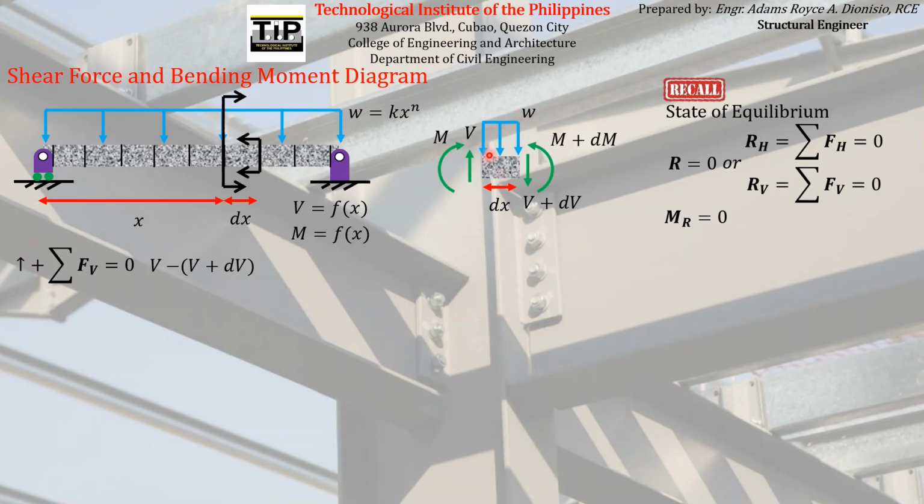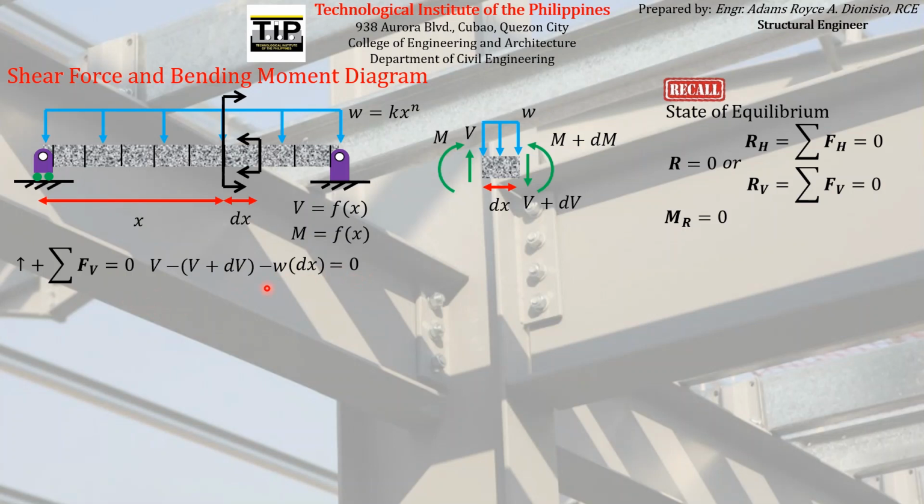The resultant of this uniformly distributed load, which is just equal to the area of this load diagram with a dimension of dx by w. And it points obviously downward, so its sign must be negative. There are no more other vertical forces acting on this body. So according to this equation, the sum of these vertical forces must be equal to 0.